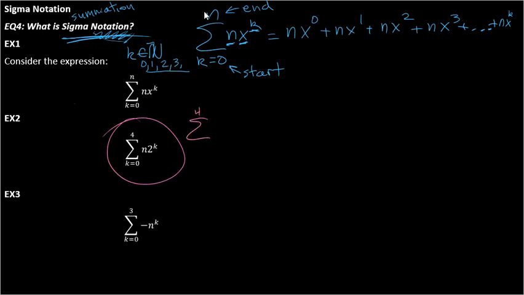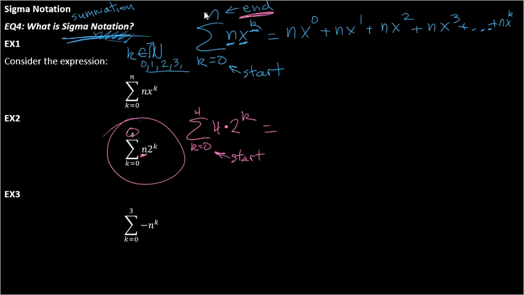So now I have a number for n. And my initial value of k is right here, and this is my start at 0. And I'm saying n, so n is right here. So I'm going to say 4 times 2 to the k.